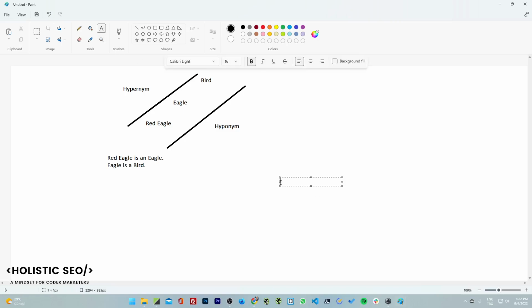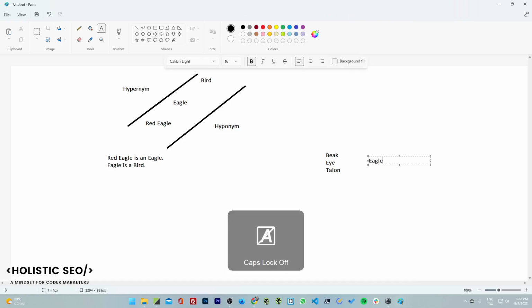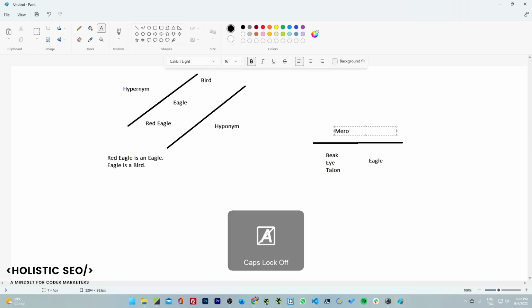Let's say now we have a beak, we have an eye, and then we have talons. These are the things that an eagle has. And when you put the word eagle here, the relation between these things is called, let me write it here too, meronym.